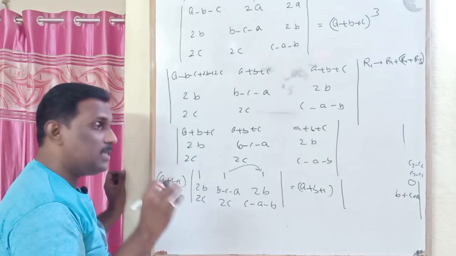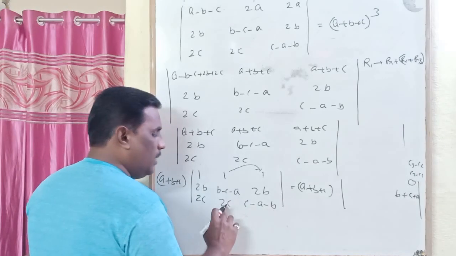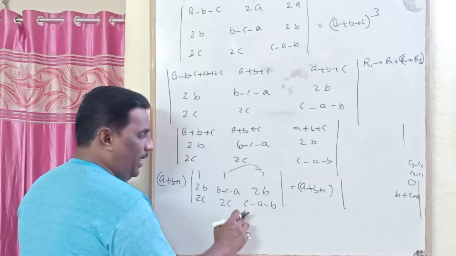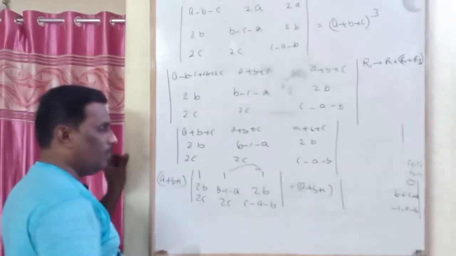Calculations are very important. Even a plus or minus sign is enough to spoil the whole solution. C minus A minus B minus 2C, so C minus 2C gives minus C minus A minus B.